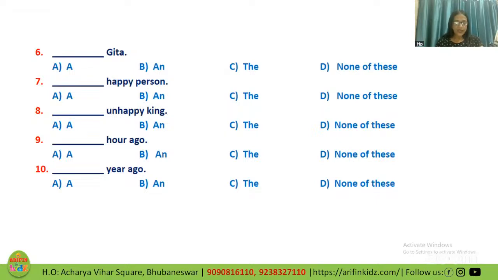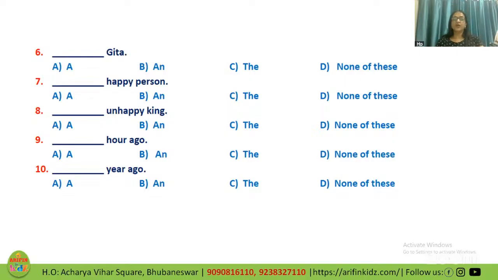Okay. Pankajini, Ruby. So many of you have given 8B. You see, children, it will be dash unhappy king. Unhappy begins with a vowel and the vowel sound comes. So it is an unhappy king. And remember, a and an are used for singular. So here, an unhappy king.